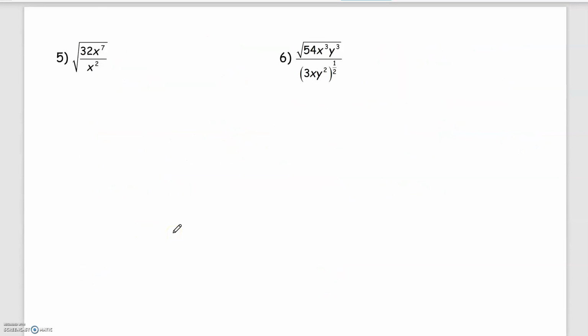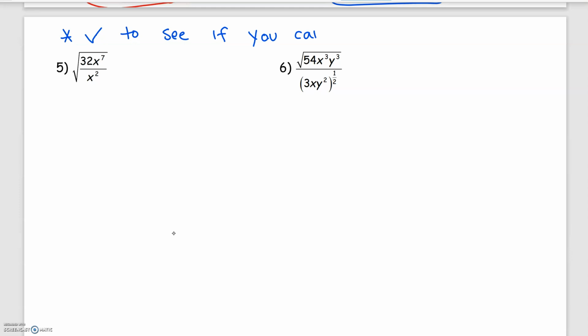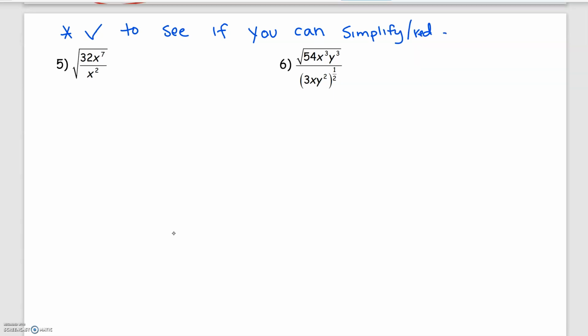So now, looking at number 5, we want to simplify, see if we can reduce our fraction first, and then we will check to see if you can simplify or reduce our fraction.